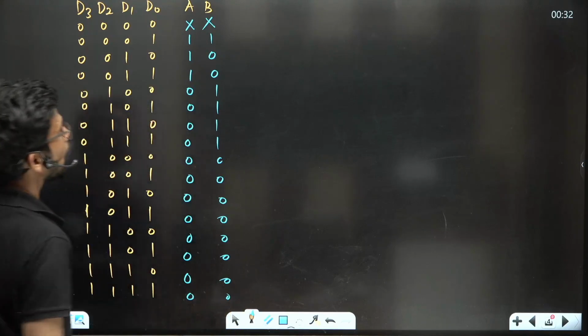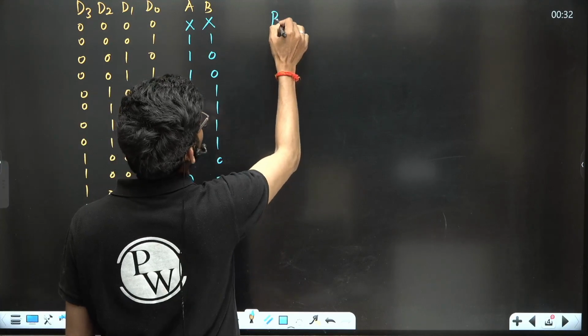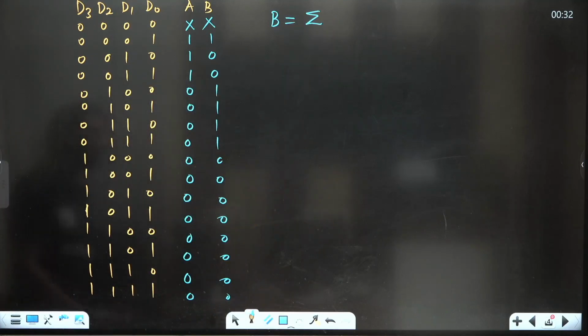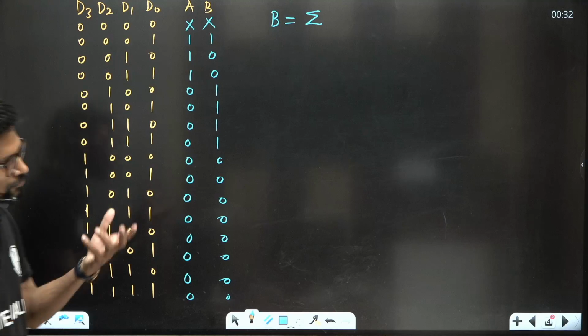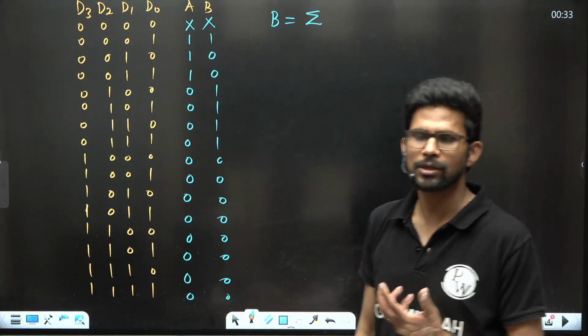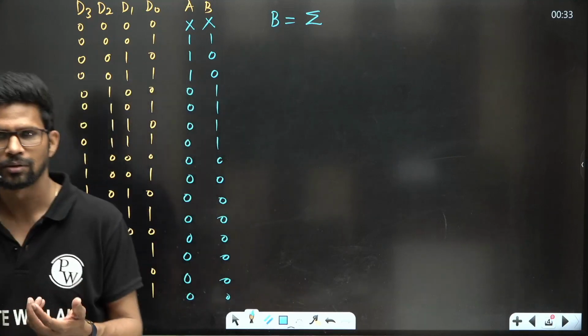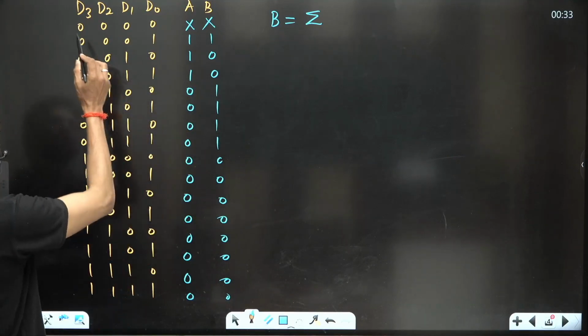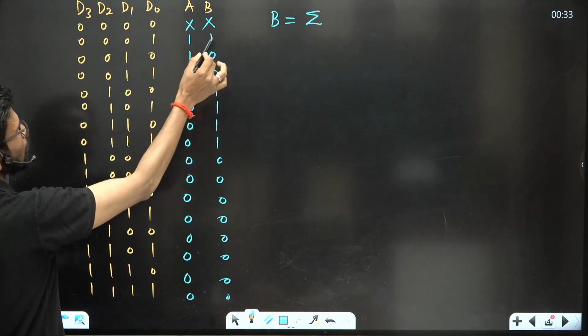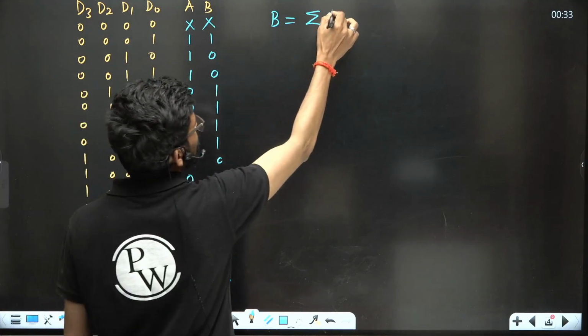Okay, now write down the Boolean expression for B. What will be the Boolean expression? In form of SOP. In SOP expression, we take those input terms for which output is 1. So corresponding to combination 0 0, output is don't care. Corresponding to term 1 it is 1.